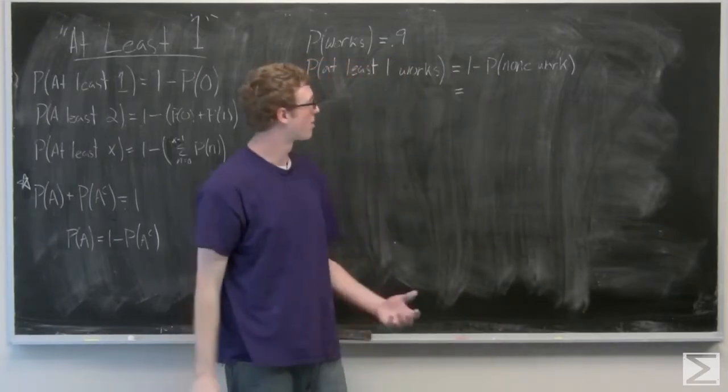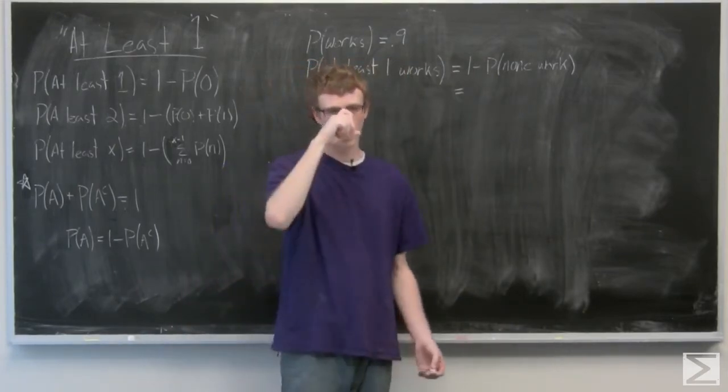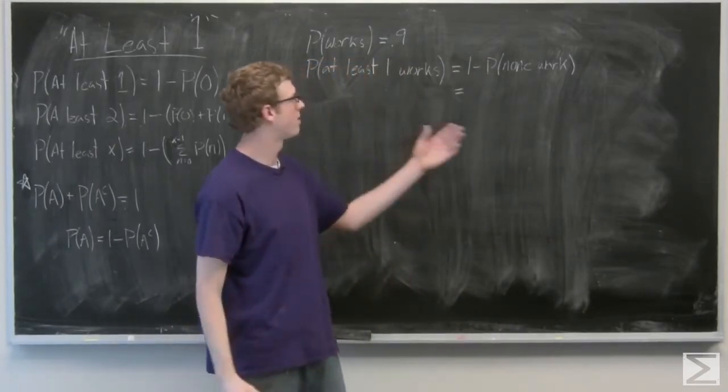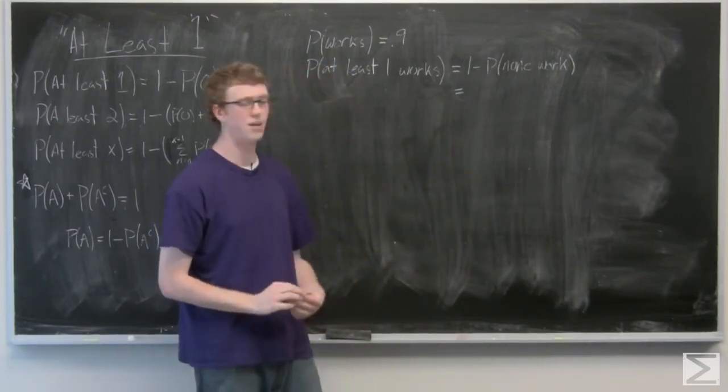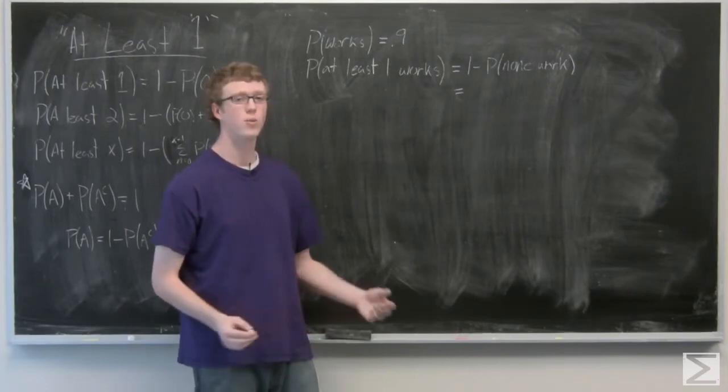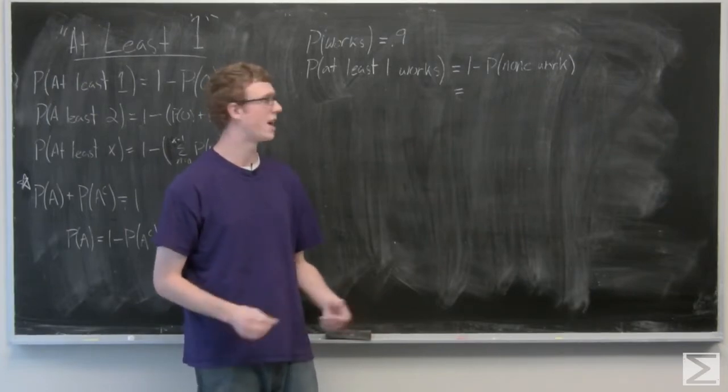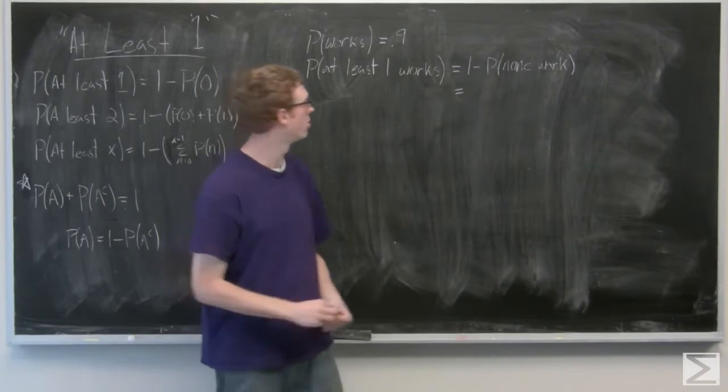And the problem gave us that the reactors were independent of one another. So the probability that none of them work is the probability that A and B and C don't work, which is 0.1 for each. So we just have 0.1 cubed.